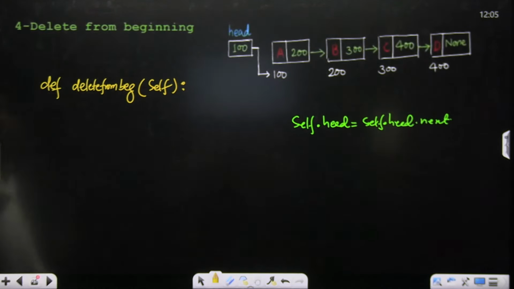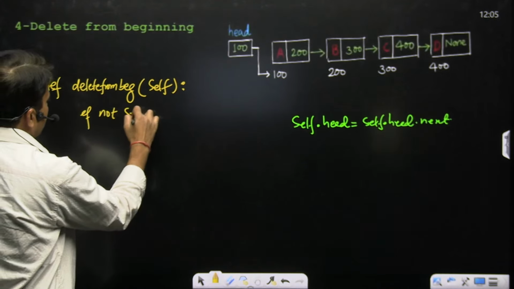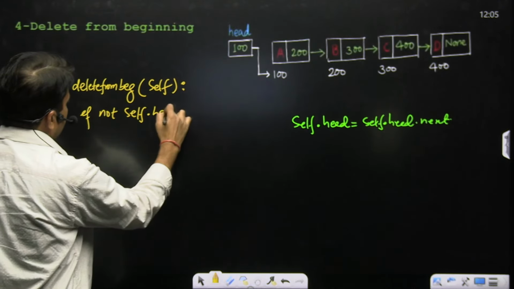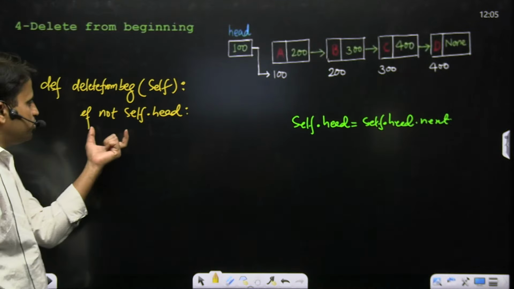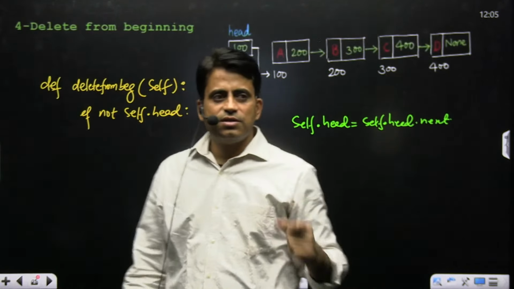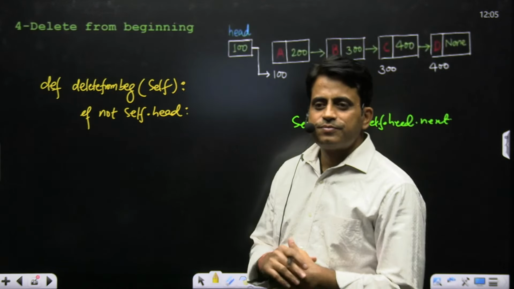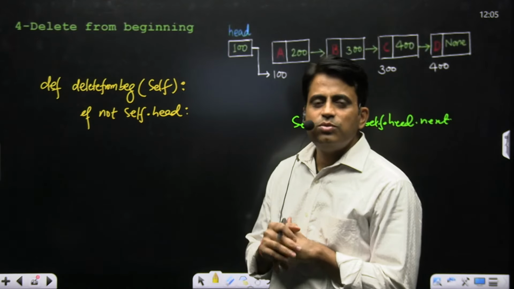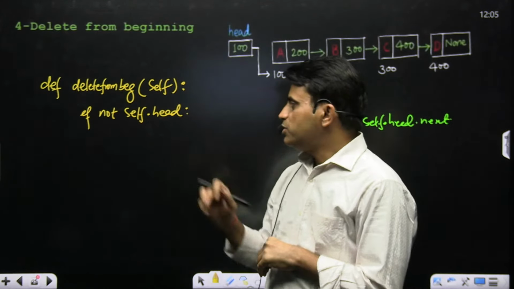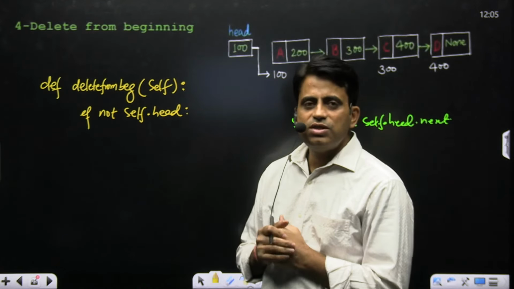So first check whether self dot head is not empty or not. Student, let's suppose this condition is true. Then what is the meaning of this? इफ दिस कंडीशन इज ट्रू देन इसका क्या मतलब है? If not self dot head is true, then what is the meaning of this?